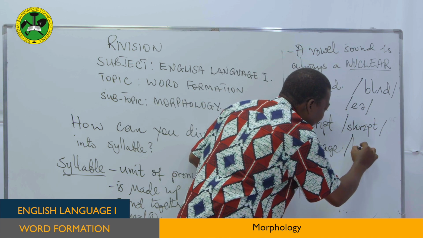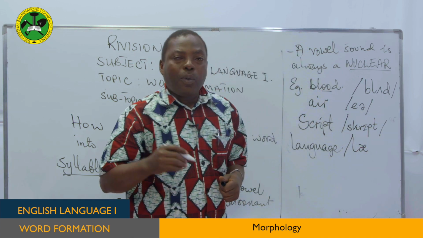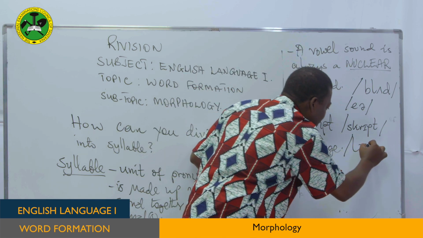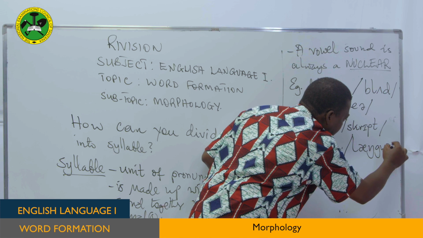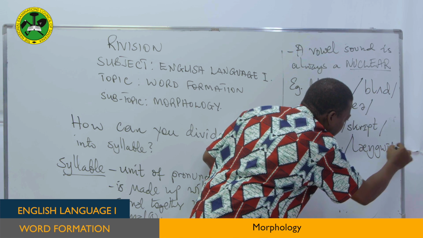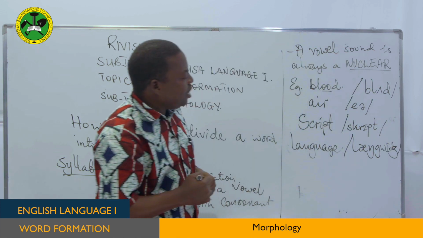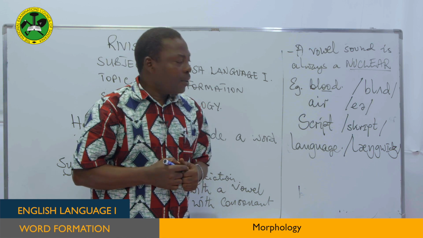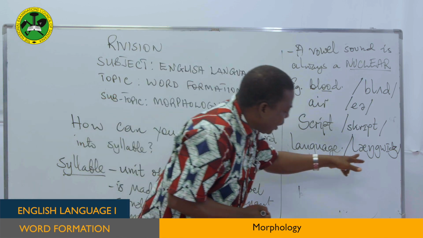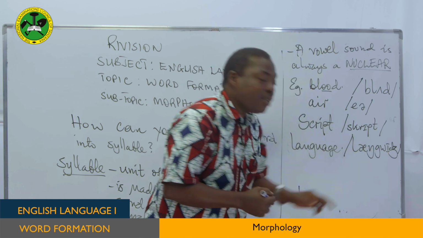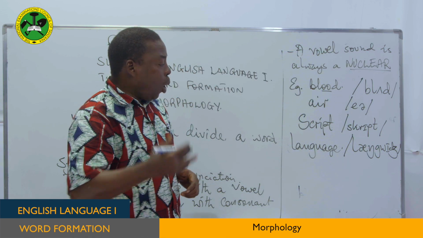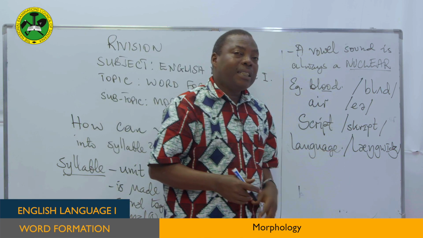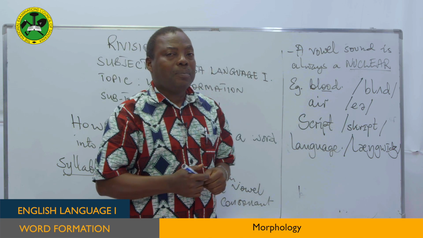Try to look at how it is pronounced. So for this one, for instance, one can pronounce this as language. Now, if you count the number of vowels, you realize that there are 2 vowel phonemes, so the whole word seems to have 2 syllables.